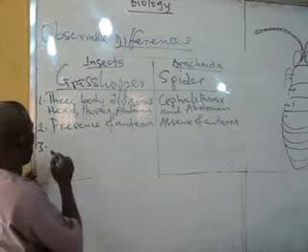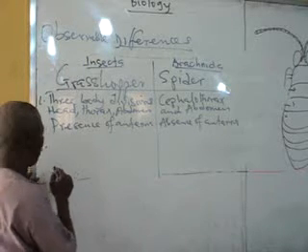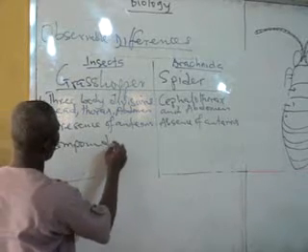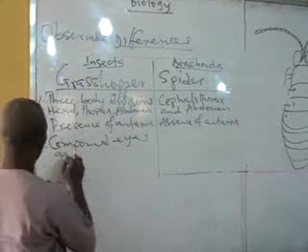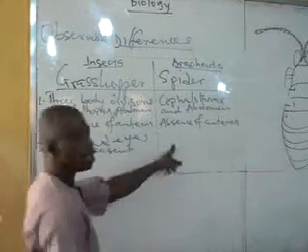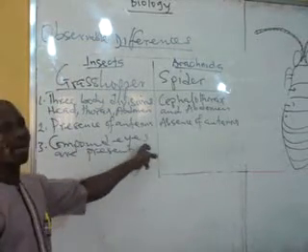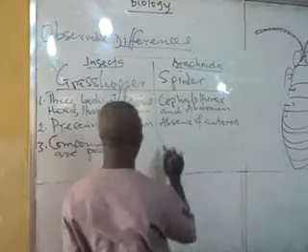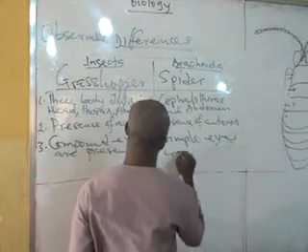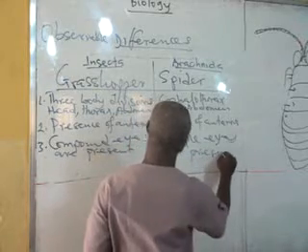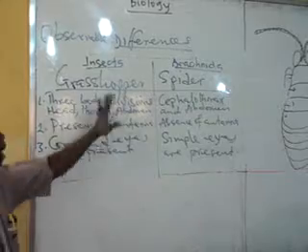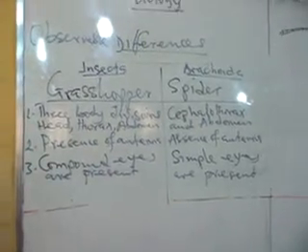The insect has a pair of compound eyes, so we can write that compound eyes are present, and the spider does not have compound eyes. What this one has is simple eyes. Simple eyes are present. So we make differences based on these features that we can see.